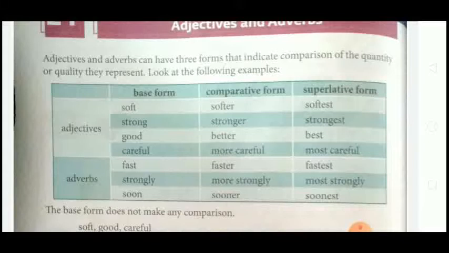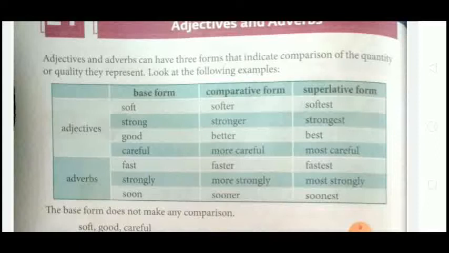If it is a comparison between two persons, two things, two places, it is comparative. If it is more than two, 3, 4, 5, whatever the number is, then it becomes superlative. So if the positive form is soft, then the comparative form will be softer and the superlative form will be softest. Here for comparative we added er, and for superlative we added est.